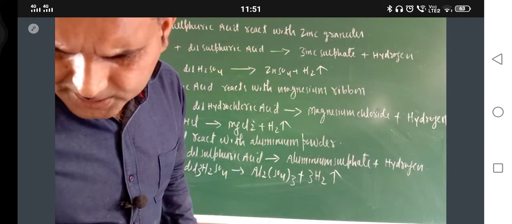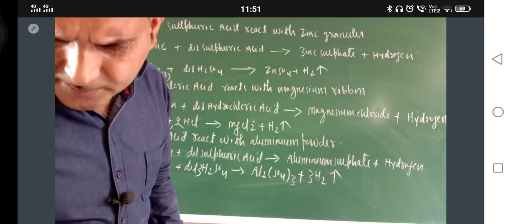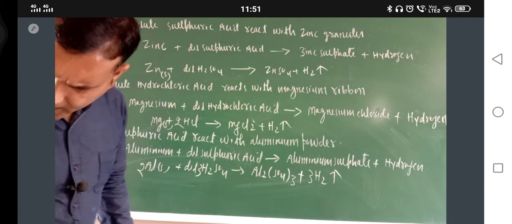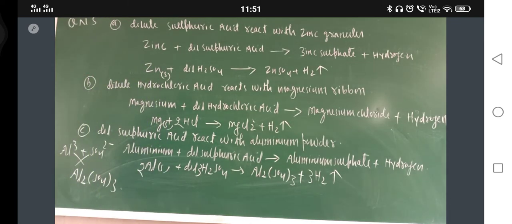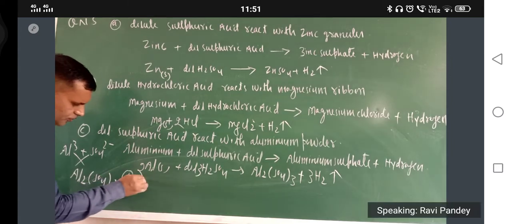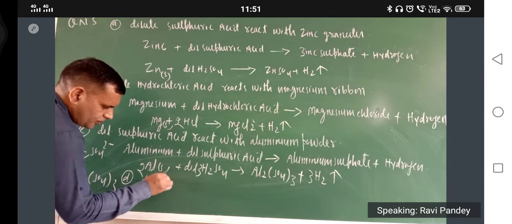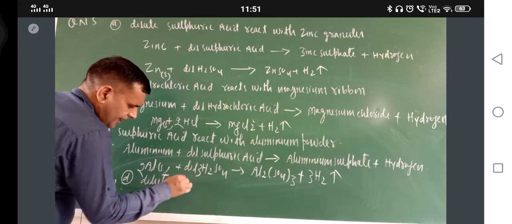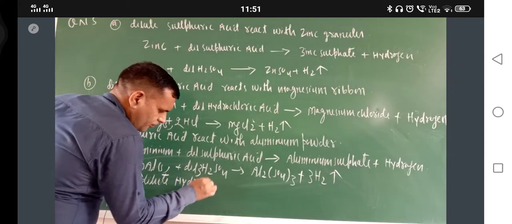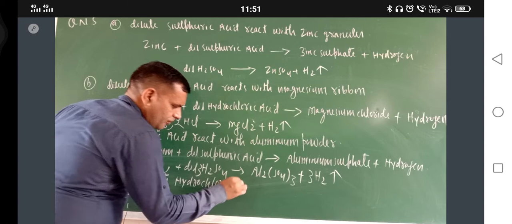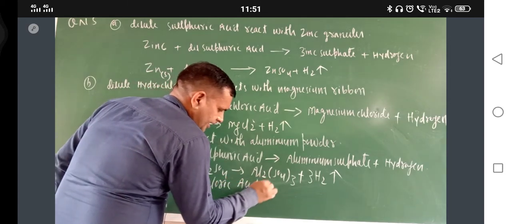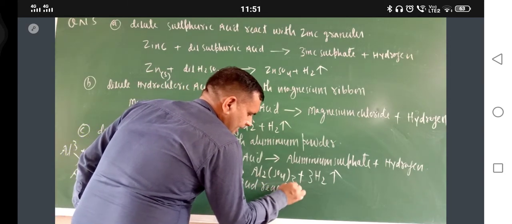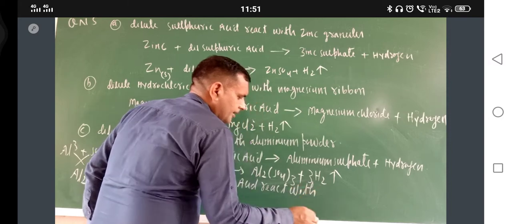Now D is dilute hydrochloric acid reacts with iron filings. Okay, so just see, I will write here D. Dilute hydrochloric acid reacts with iron filings.